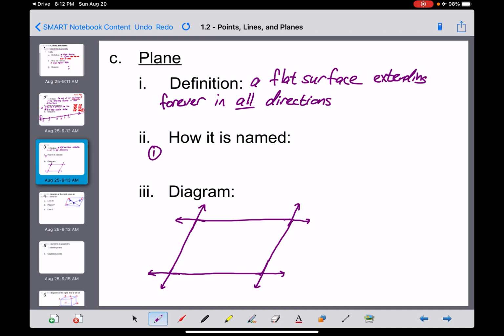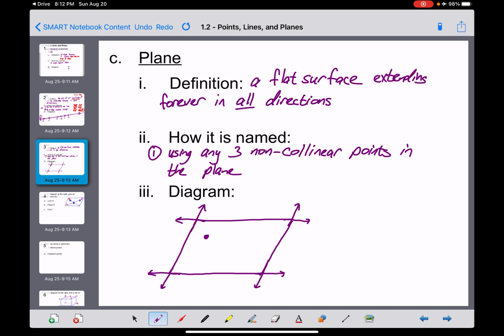And the first one here is by using any three, and this is important now, non-collinear points in the plane. Okay, so to name that, I'm going to have to draw some dots right here.